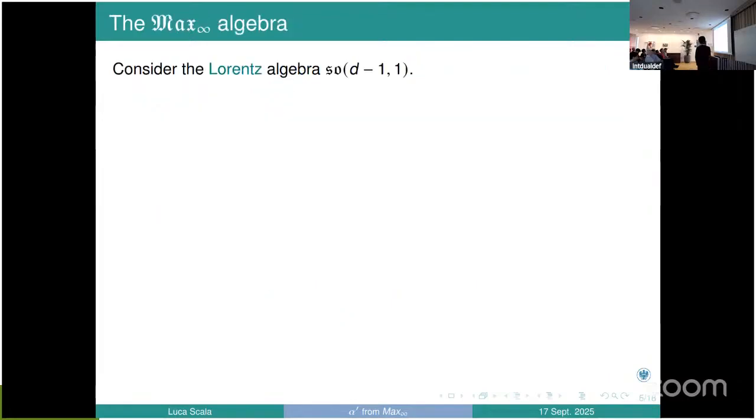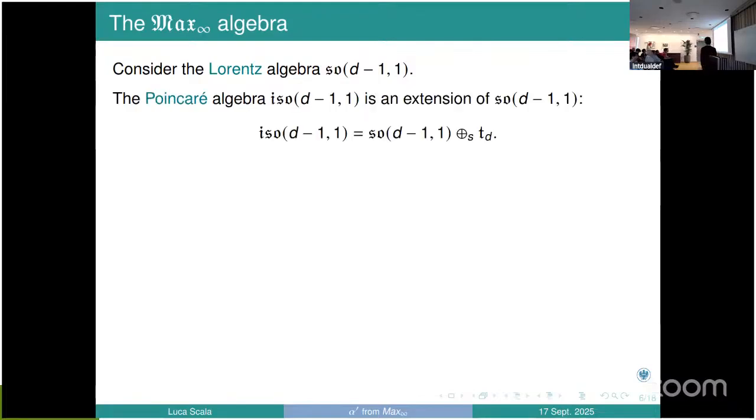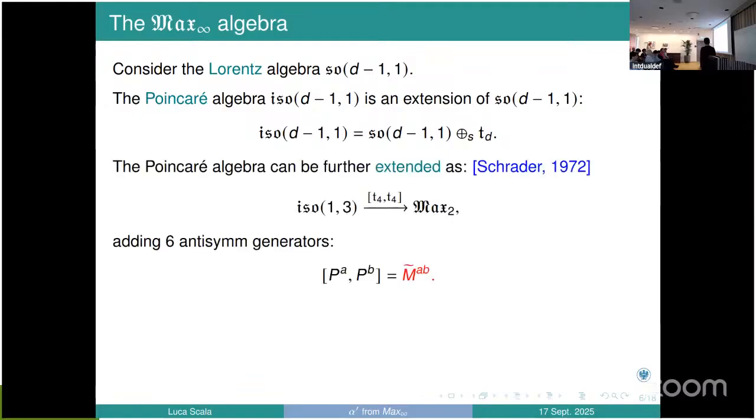So let's take a quick detour. You all know the Lorentz algebra, and you all know that the Lorentz algebra can be extended to the Poincare algebra, adding translation generators. In 72, Schrader showed that you can take the Poincare algebra, add the commutator of translation with translation, and find something that we call the Maxwell 2 algebra, adding essentially these 6 antisymmetric generators.